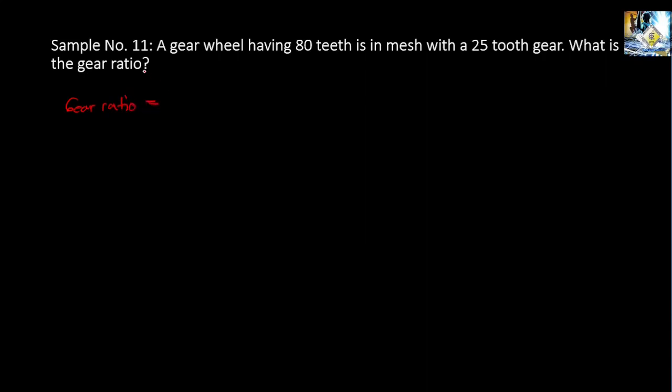Again, what is our definition of ratio and proportion? A ratio of one quantity to another is a fraction. So we have an 80 teeth gear enmeshed with a 25 tooth gear. So the ratio is 80 is to 25.